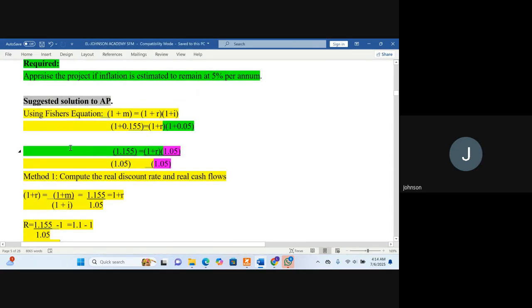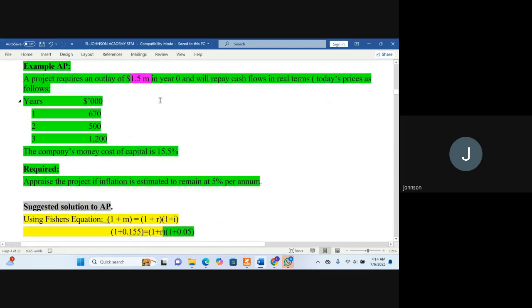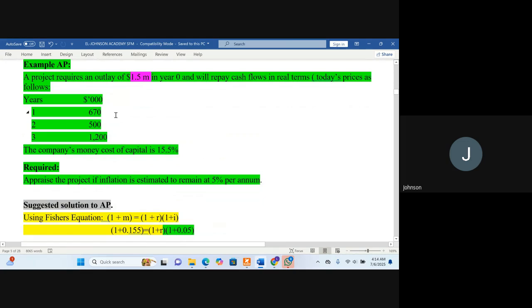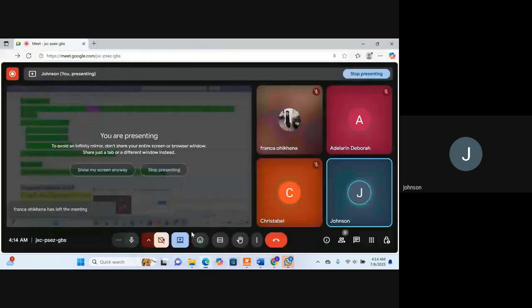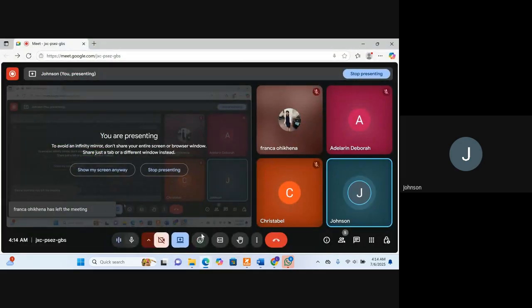Can somebody tell me you understand how we were able to use the Fisher's equation? The Fisher's equation is only used for discounting cost of capital. Now, in this question, normally the cost of capital or the NPV is supposed to be calculated inflated.